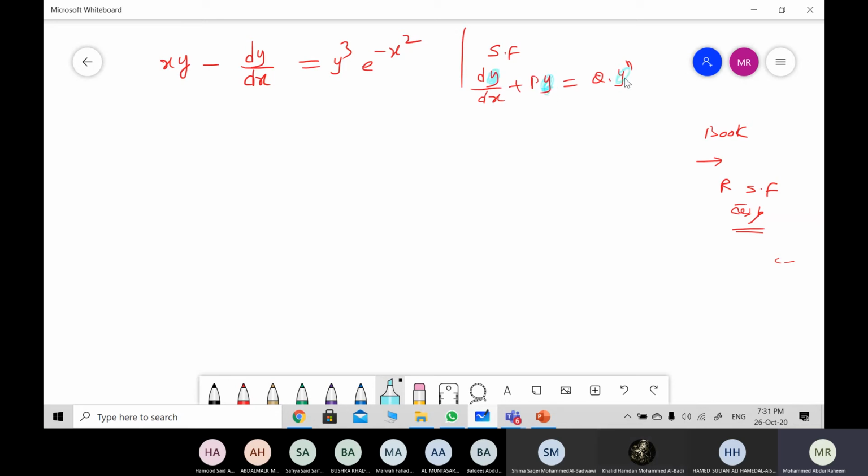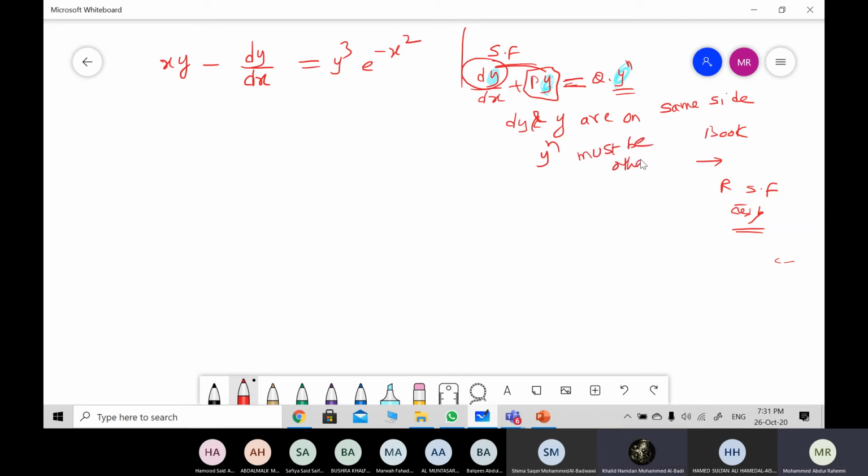What is observation number 1? dy and y must be on the same side, and y to the power n must be on the other side.